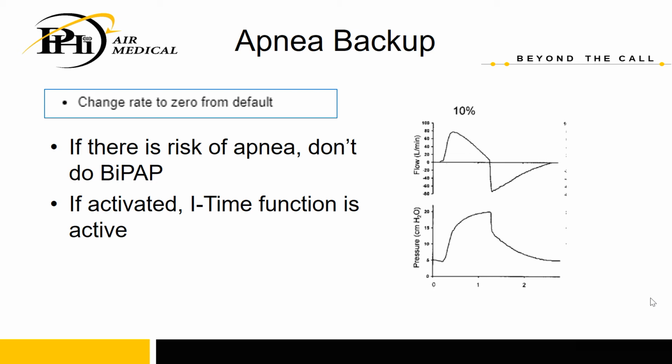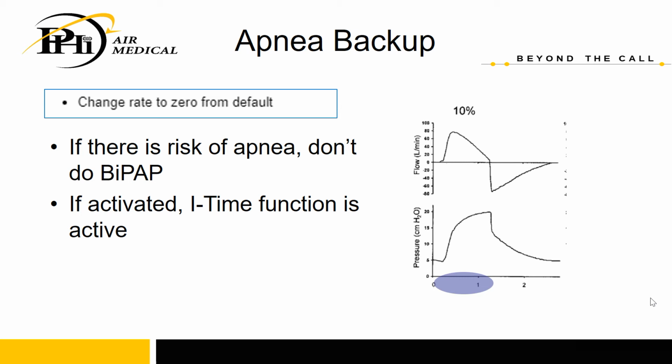So if we do not reduce that backup respiratory rate to 0, then that I time function is active, and we all know what the I time function defaults to in our adult patients. It is 1 second. So let's go ahead and look at this waveform right here off to the right, and we see that this patient is taking about 1.3 seconds or so to take a full breath before they decide to start exhaling. And that is pretty average for what our patients probably need.